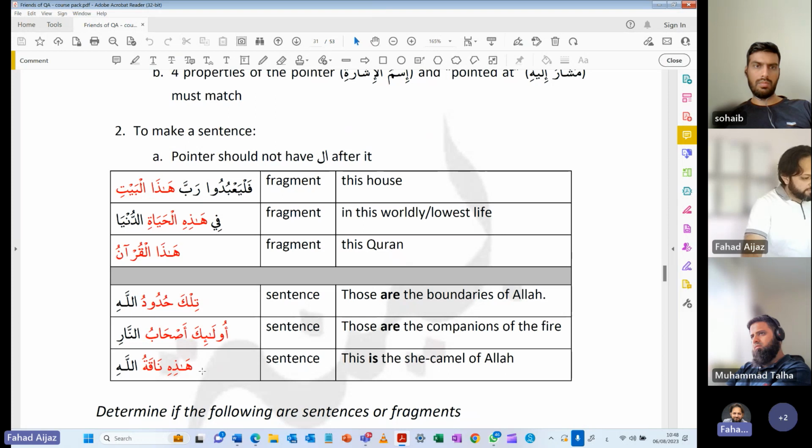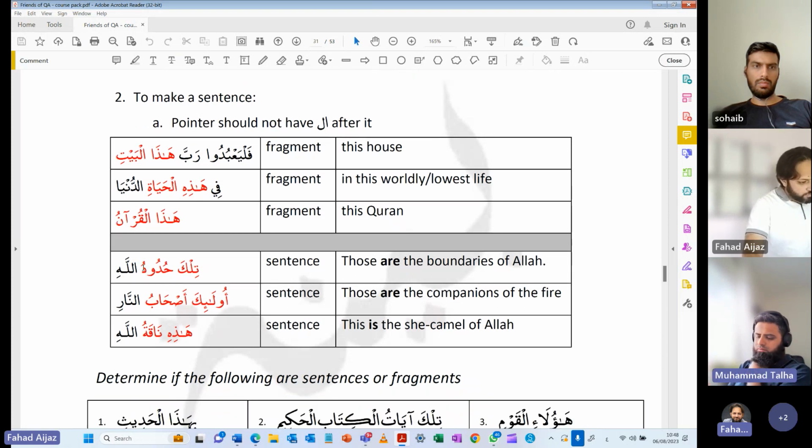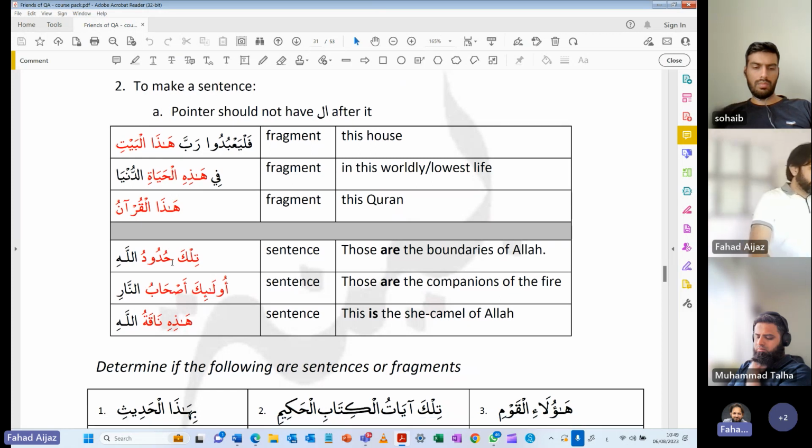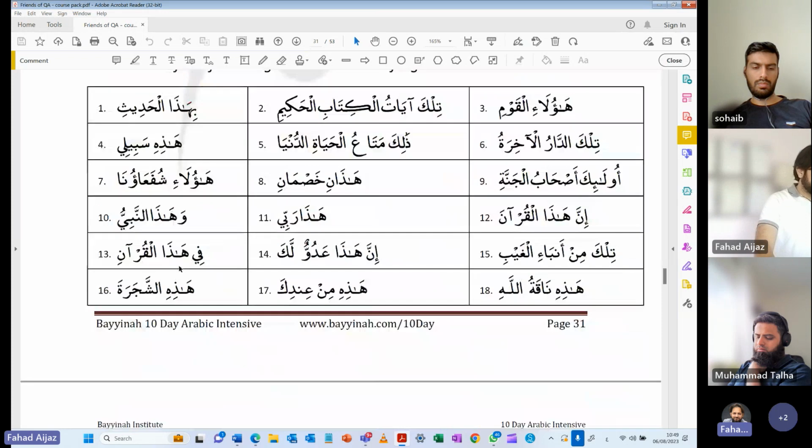So these are two differences, from the Quran, on how it is used as a sentence and as a fragment. In this case hazal baiti is a fragment, this house. Hazihil hayati, this life. Hazal Quranu, this Quran. Tilka hududu, those are the boundaries. Ulaika al ashabu, sentence. Hazihi naqatu, sentence, because there is no al before them. That's the principle.